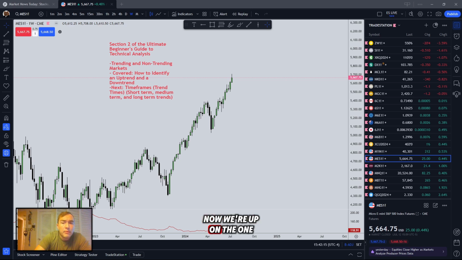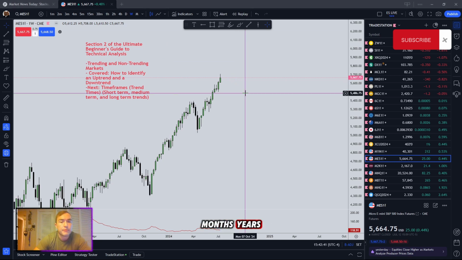Well, now we're up on the 1 week chart, and each one of these candles represents a full week in time, an entire week. So when you have a trend on this time frame, you can consider it a long-term trend. Long-term trends tend to be things that can last for weeks, months, and years.